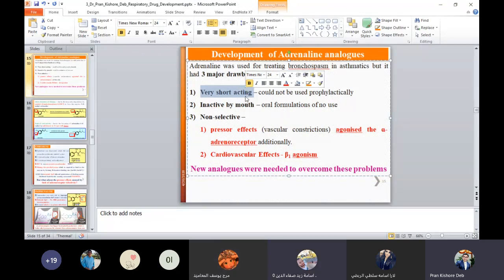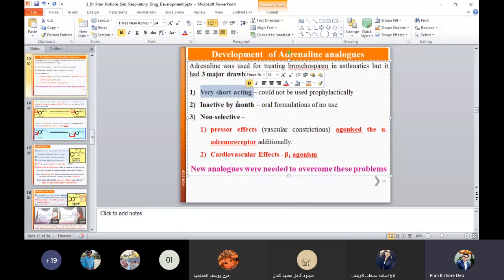Catechol O-methyl transferase. And what happens to the drug chemically? The catechol amine OH is converted to OCH3. In the name of the enzyme itself, it is there. Catechol O-methyl transferase means it transfers a methyl group to the oxygen.